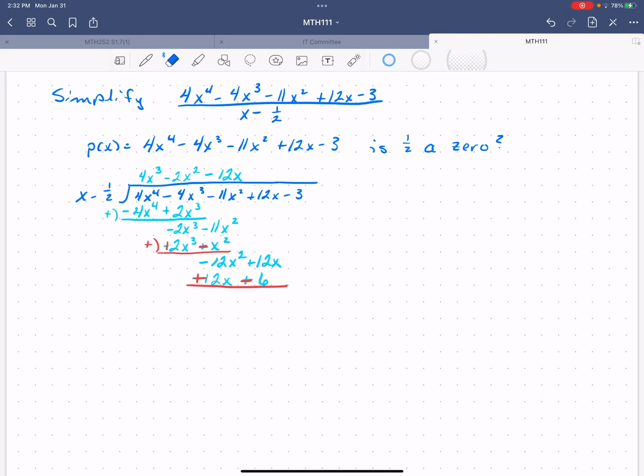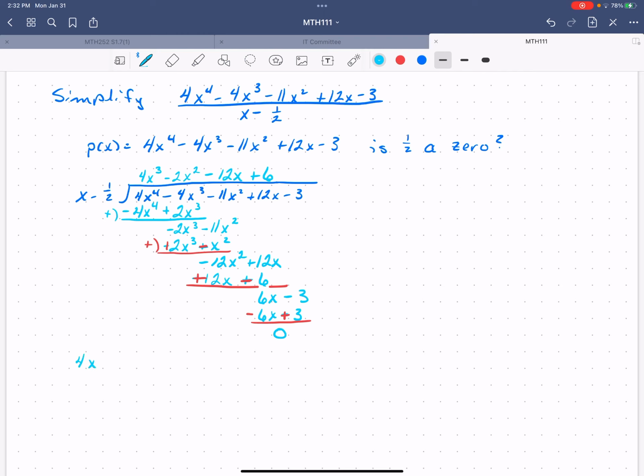And that gives me 6x - 3. Multiply through by 6, and I get 6x - 3, but I'm subtracting, so I'm adding the opposite, which gives me 0.